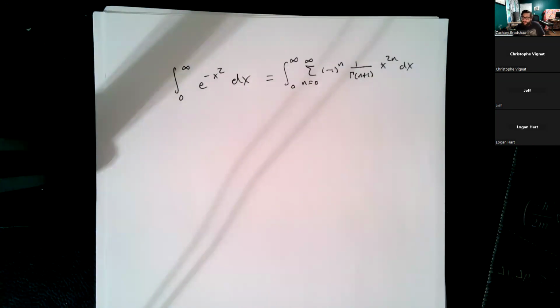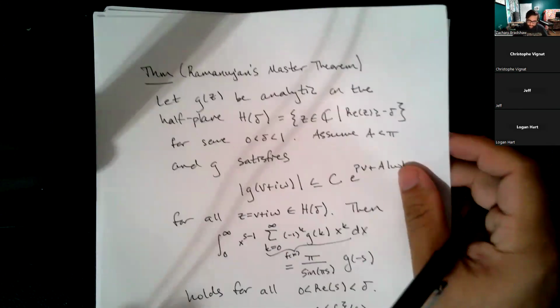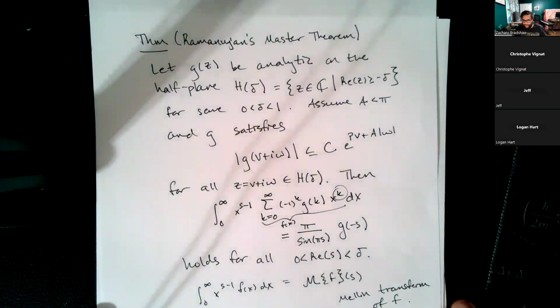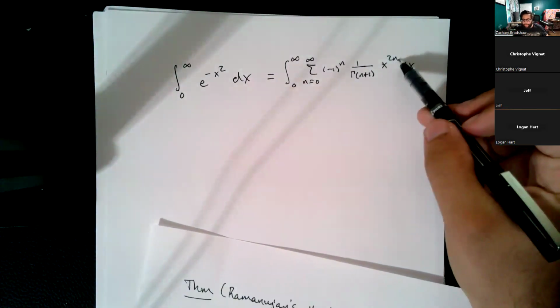So I've got a problem here. I want to use Ramanujan's master theorem, which I wrote down right here. But notice I have a 2n here. In my case, it should be an n. What do I do? Oh, well, it's just a substitution.